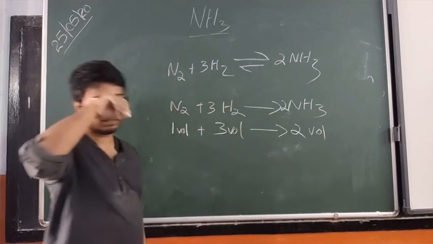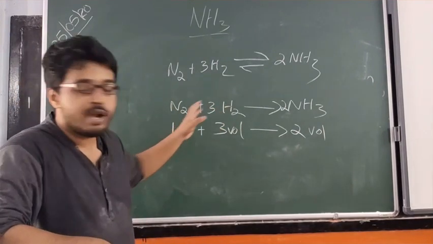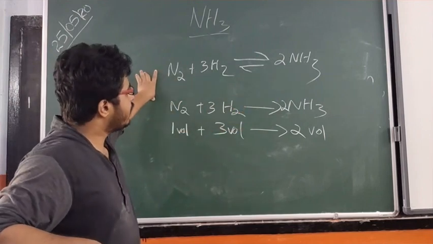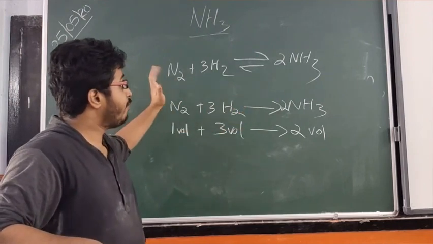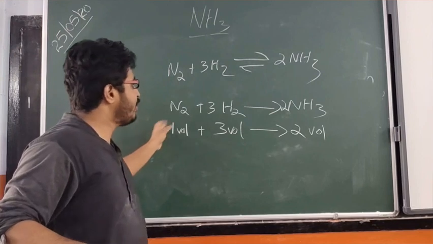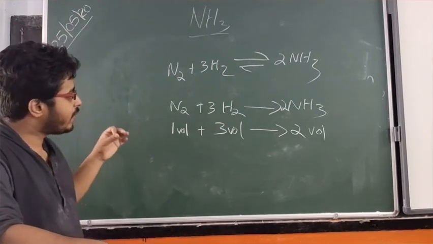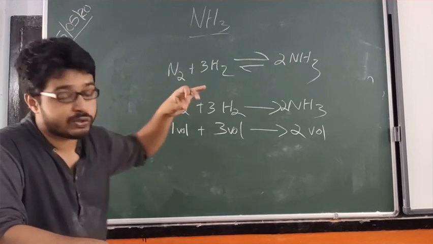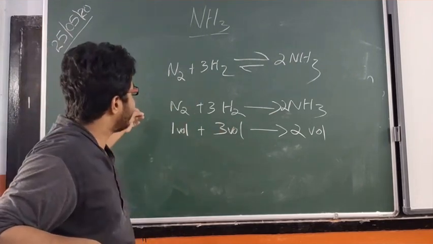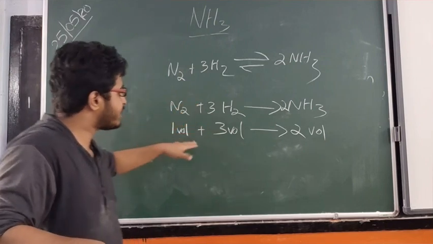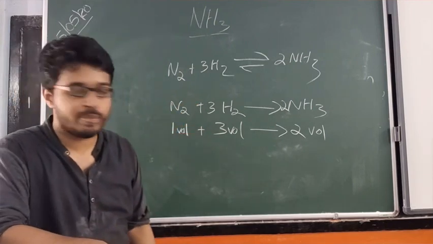So in other words, the volume is decreasing when we produce ammonia from N2 and hydrogen. The volume is reduced to half when we produce NH3 from N2 and H2.